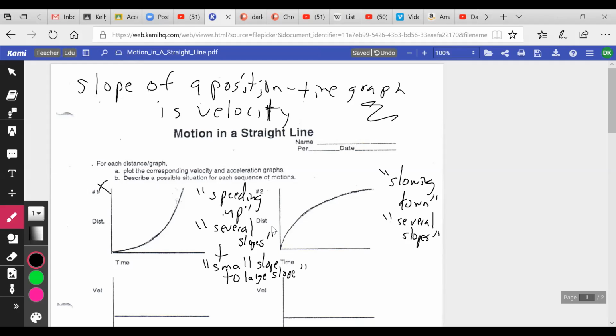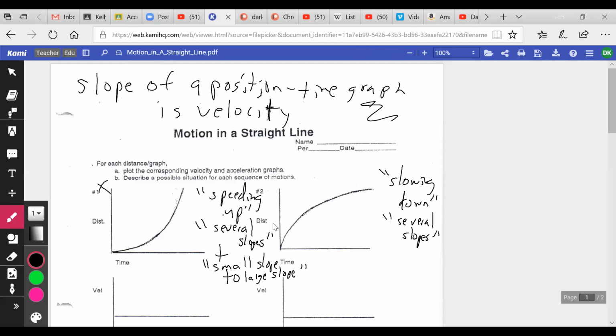The object is speeding up. It's in the east. The gaps are increasing. We see that already from our homework. There are several slopes, and those slopes go from very small to very large. Three things we can glean from that.